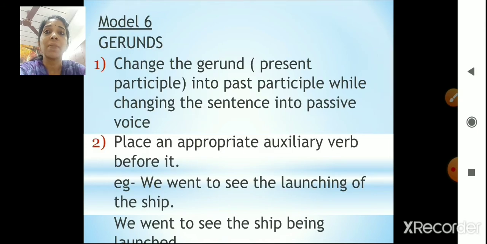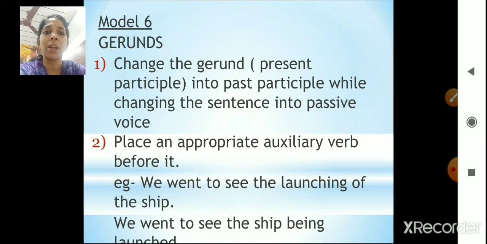Model 6. If you remember, we started with model 6 where we came across various examples that had gerunds in them. Now, what are these gerunds? It is nothing but the ing form of a verb. When there is a gerund in a sentence, it is in the present participle form.